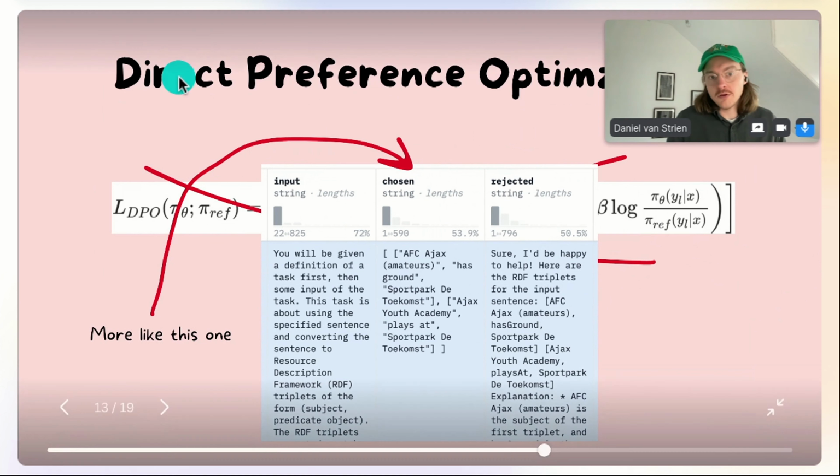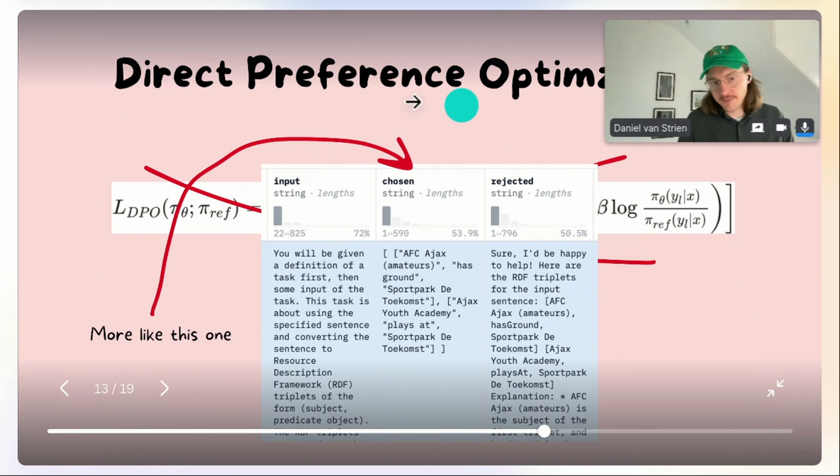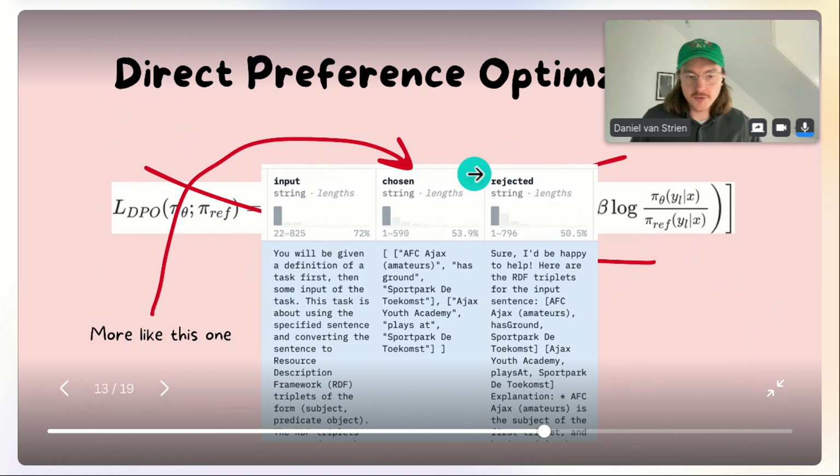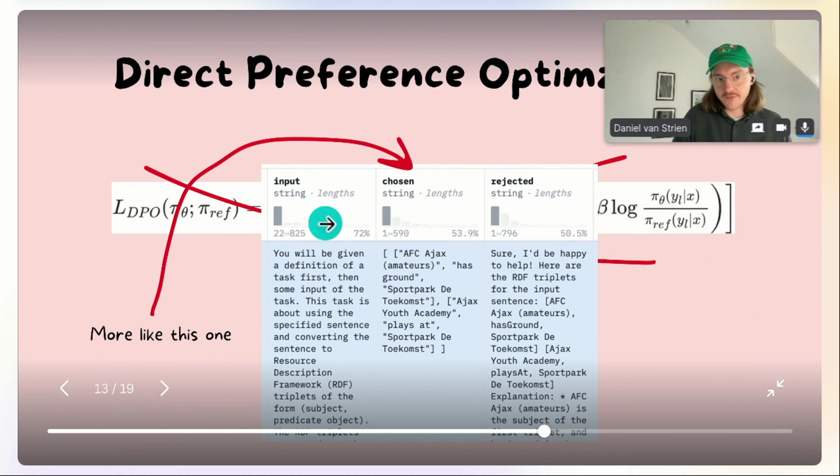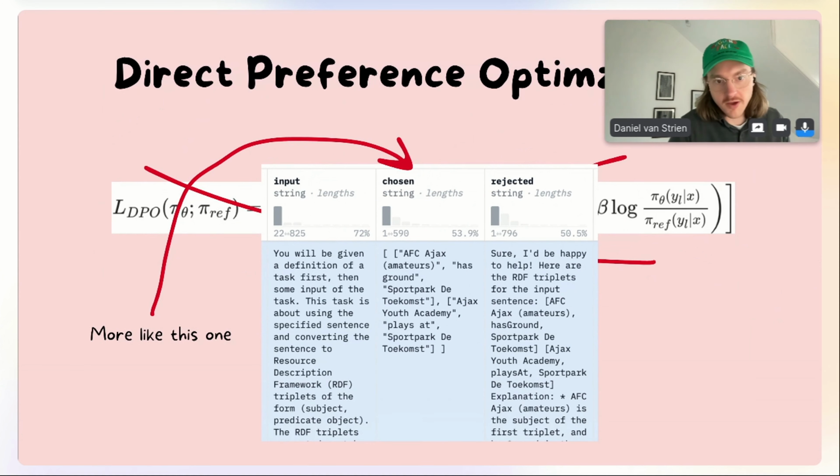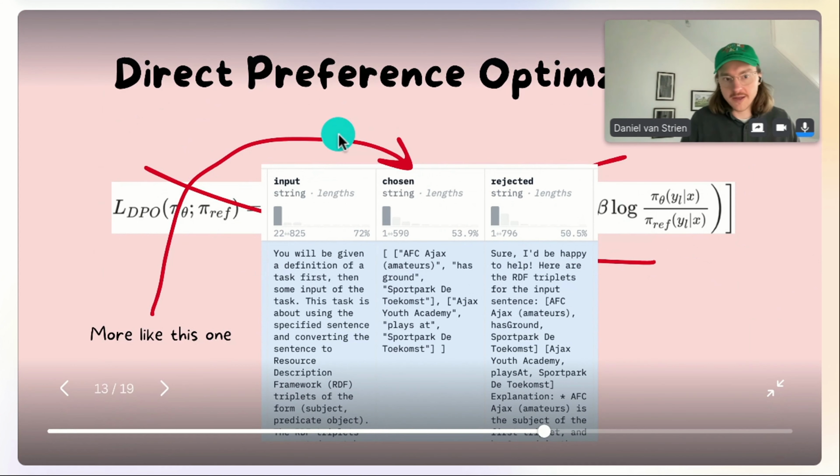But this DPO approach basically skips that step, and you can directly create a data set that expresses these preferences. And I think that's been really exciting for the community, because it allows for some more interesting ways to come up with approaches to create a data set that basically has one input and then 2 outputs, where one should be better than the other.